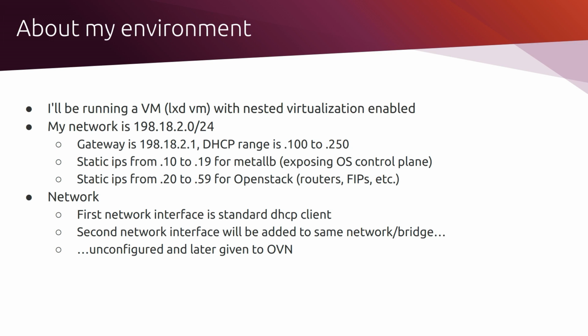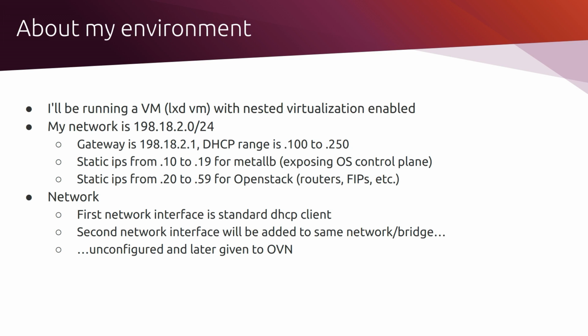But I'm reserving some more ranges on this same network, the first range for MetalLB and the second one for OpenStack, actually for OVN, to be used in the OpenStack SDN. You don't need to officially reserve these IPs anywhere. I say reserve because I mean that I'm not using those IPs anywhere else, and I will tell OpenStack to use them, so I know there will be no conflict with anything else on my network.